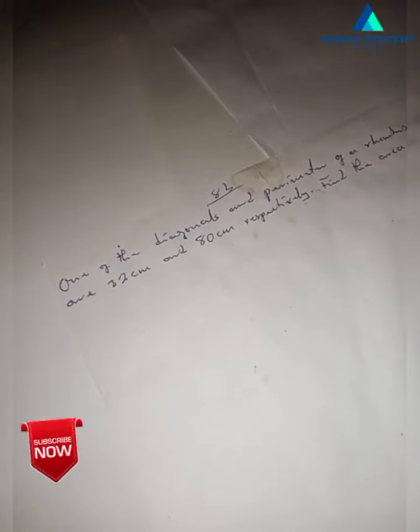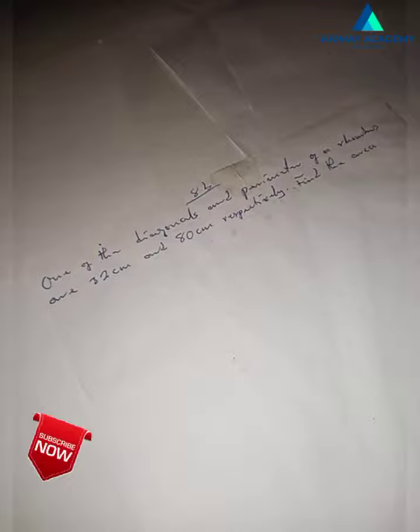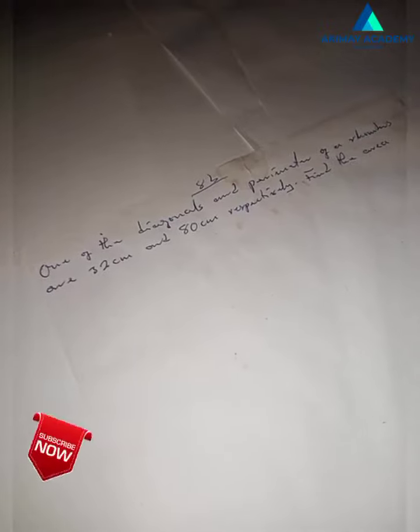Now rhombus and square most of the times look alike, but they are not the same. The only difference is that a square has all the sides equal, and a rhombus also has all the sides equal, just like the square.